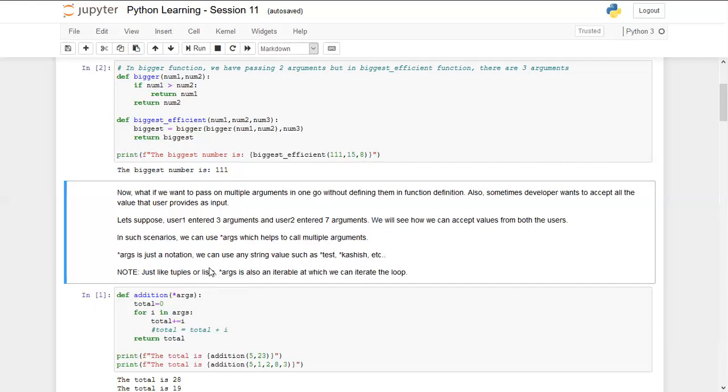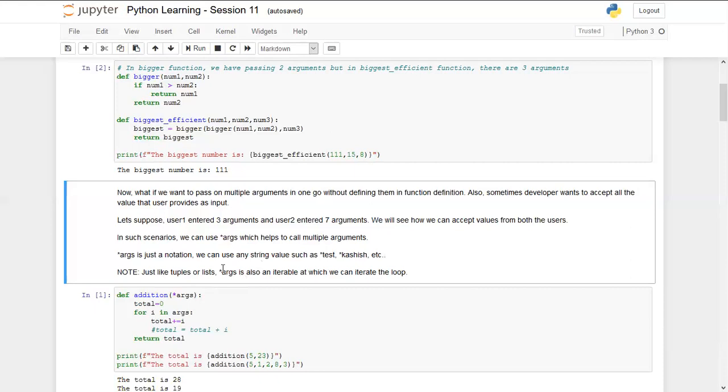Note, just like tuples or lists, as we know, tuples and lists are iterables on which we can run a loop and iterate through each element. Similarly, star args is also an iterable through which we can iterate over each of the arguments that we are providing.